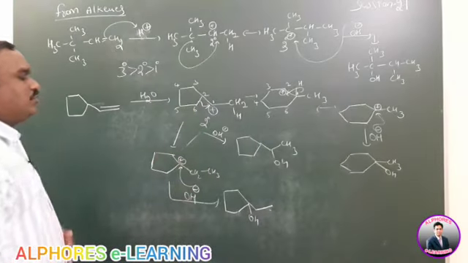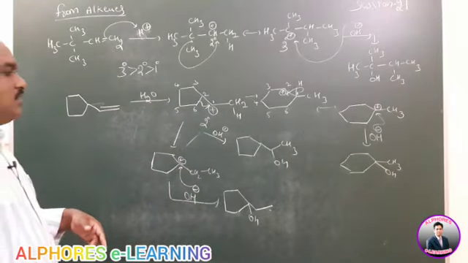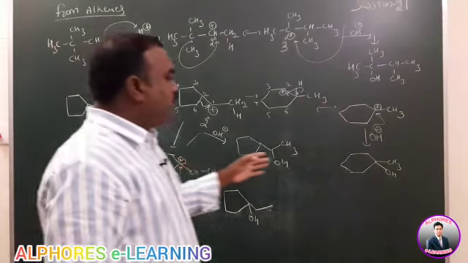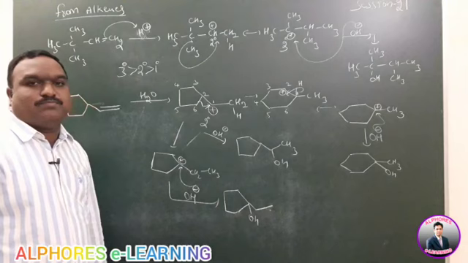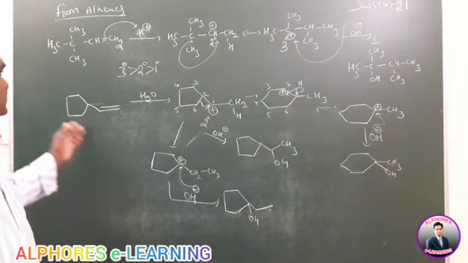This is the way to write the possible products. But which one is important? The rearrangement product is important.